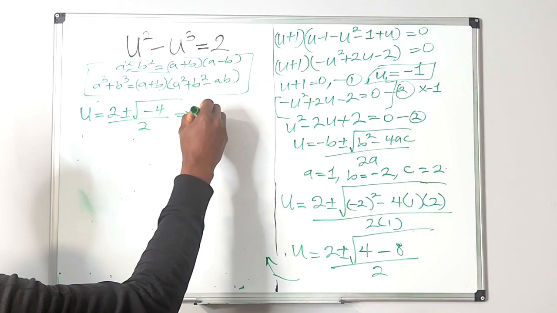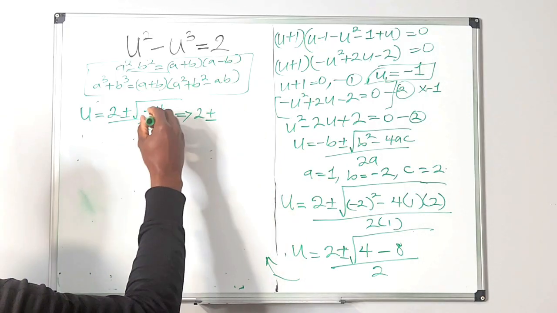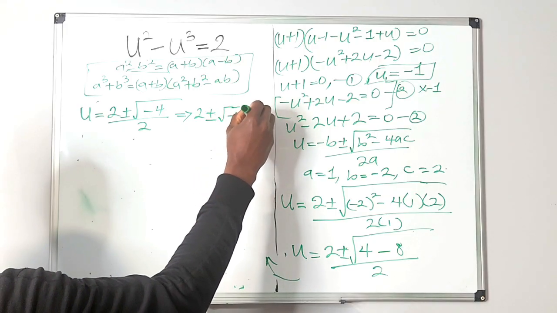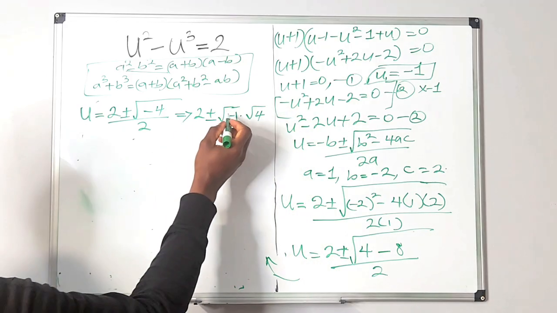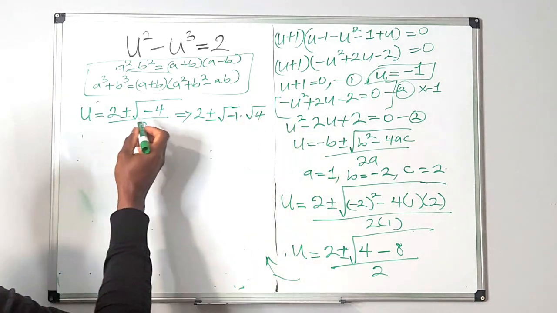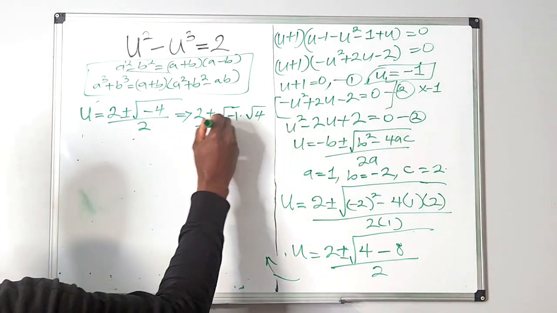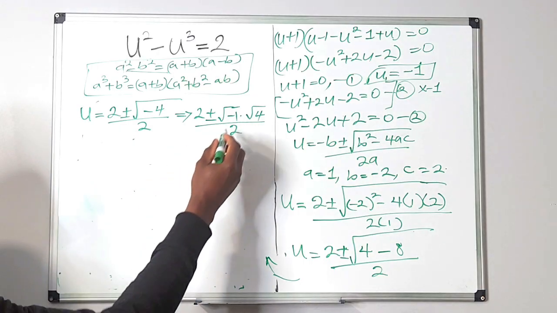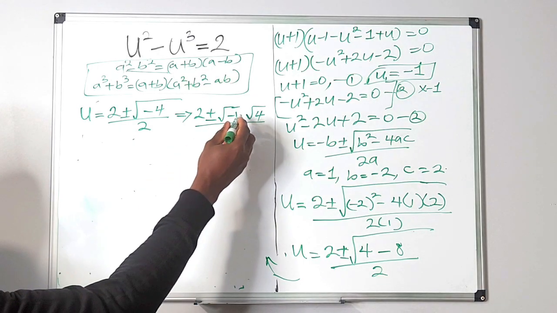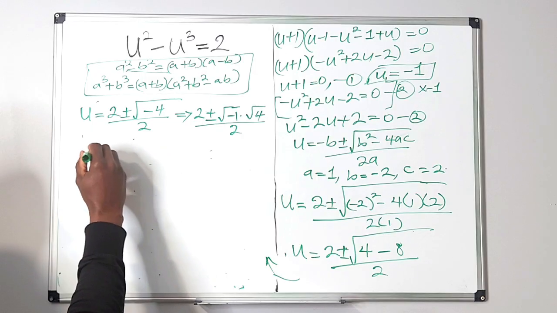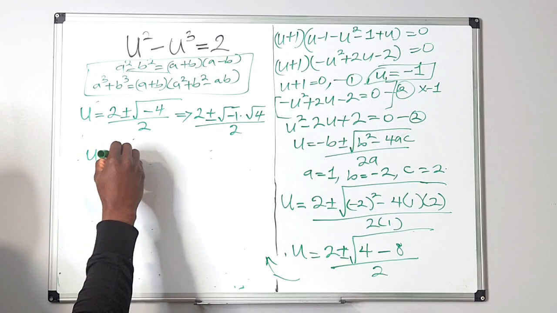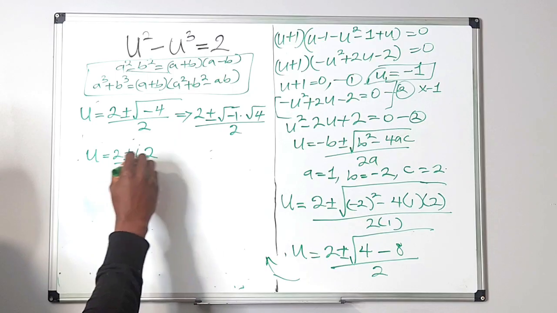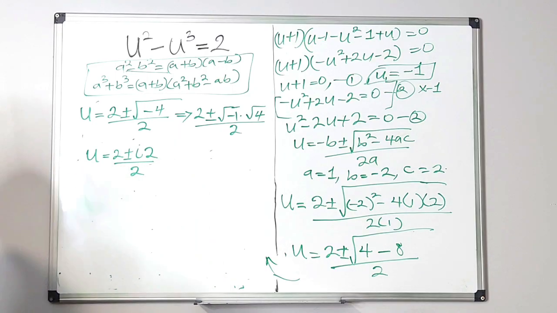This becomes 2 plus or minus root of minus 1 times root of 4. Root of minus 1 times root of 4 is the same thing as root of minus 4. And we're dividing by 2. Now we know that the square root of minus 1 is i. So u is 2 plus or minus i times the square root of 4, which is 2, divided by 2.